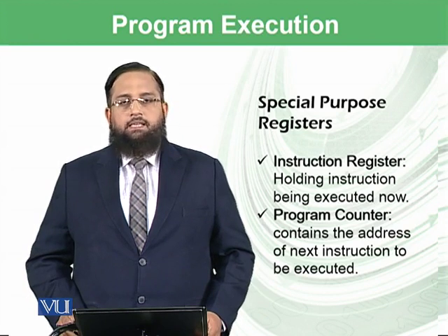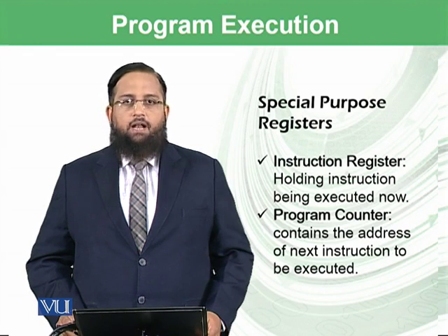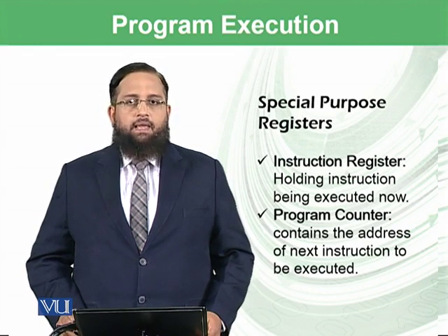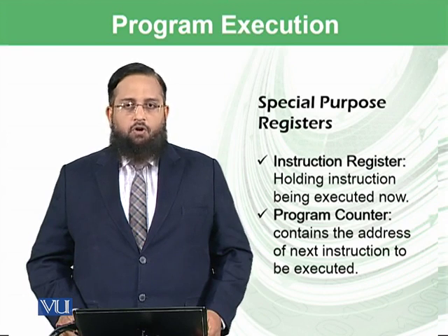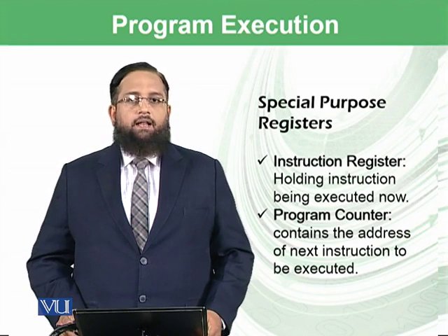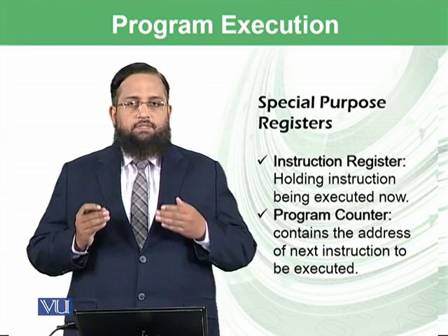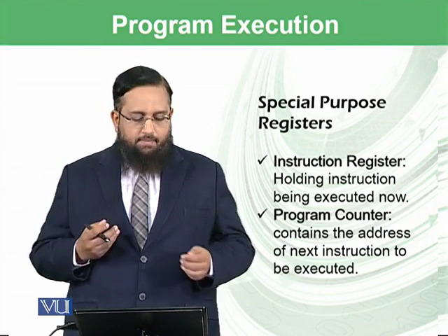However, these two important registers, known as the instruction register and the program counter register, give us a hand to execute the program properly. The instruction register holds the instruction being executed at the moment, and the program counter saves the address of the next instruction that is being fetched from the main memory.